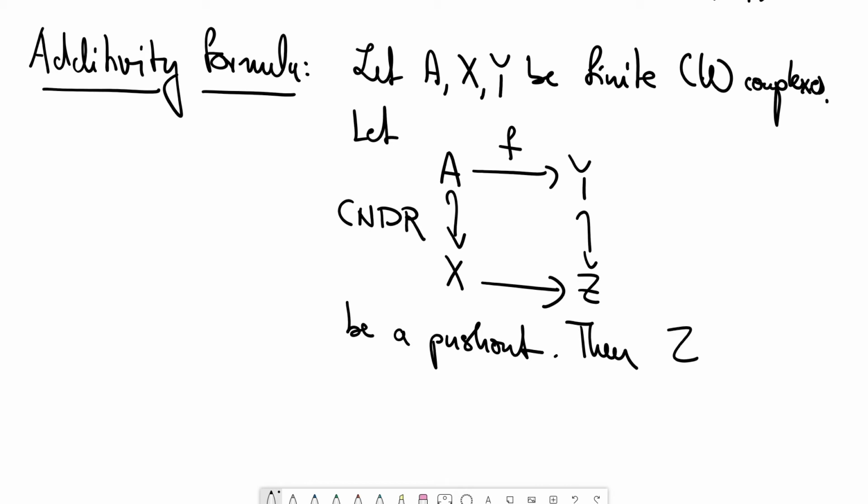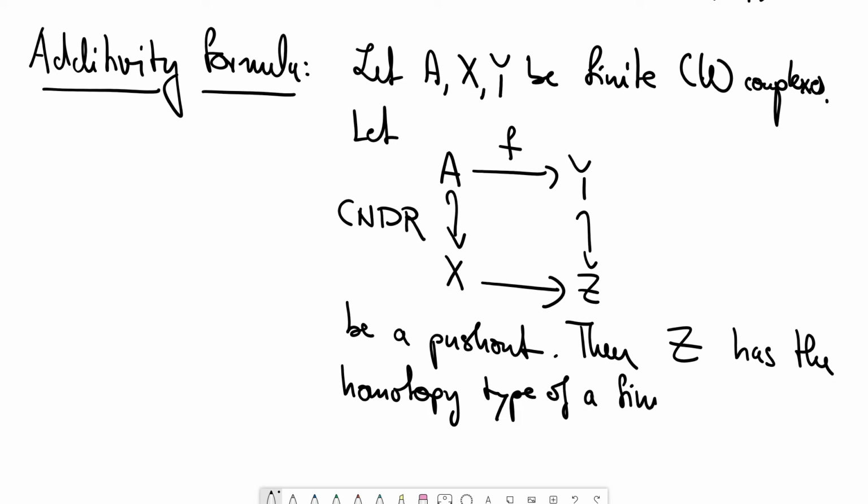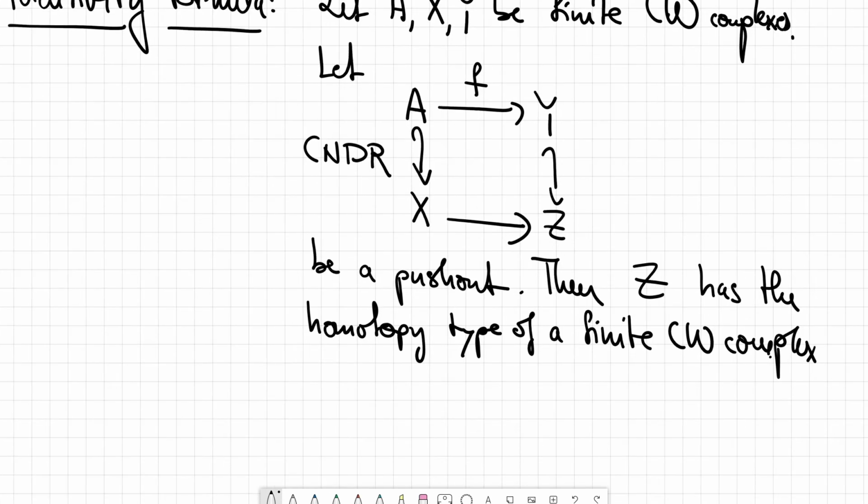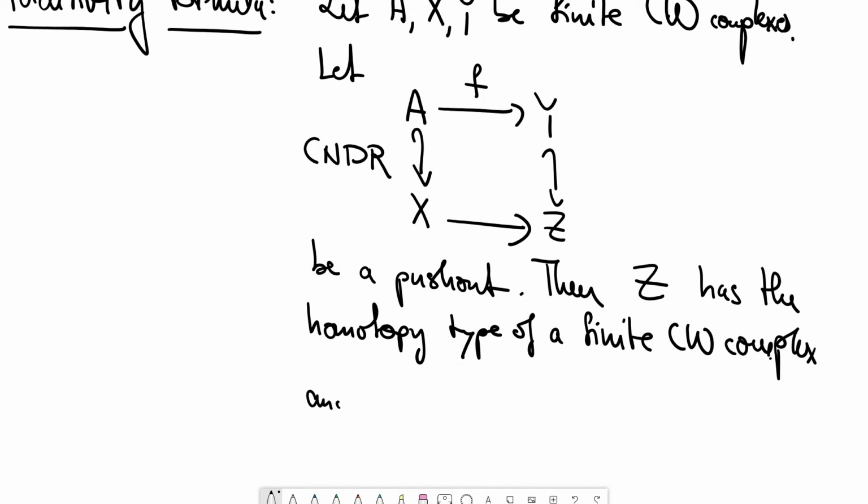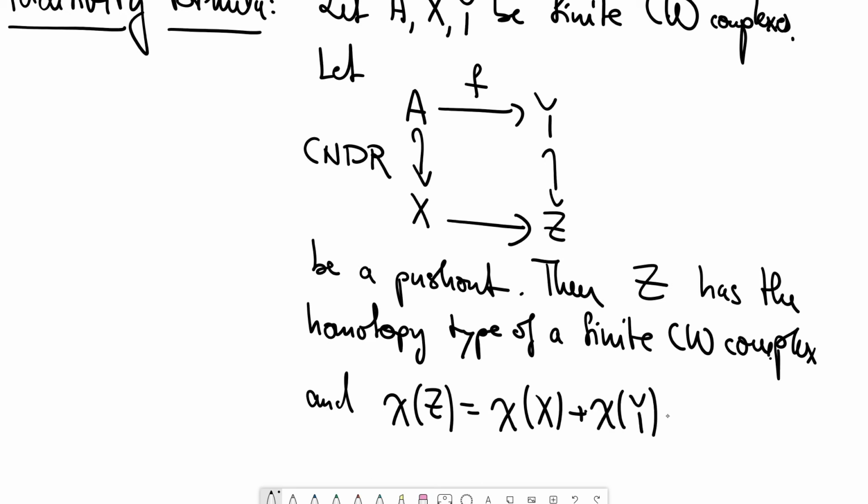Then the space that we obtain from the push-out has the homotopy type of a finite CW complex. And the Euler characteristic of this space is the sum of the Euler characteristics of X and Y minus the Euler characteristic of A.